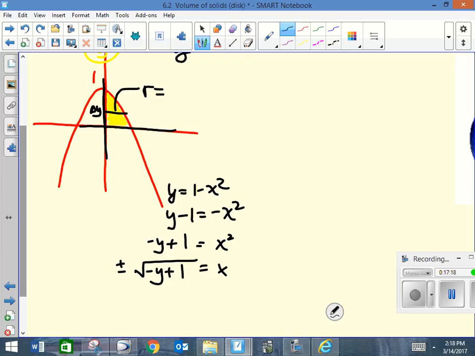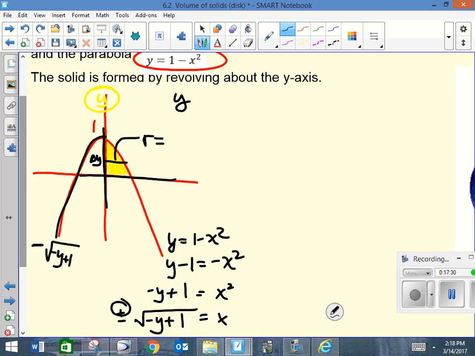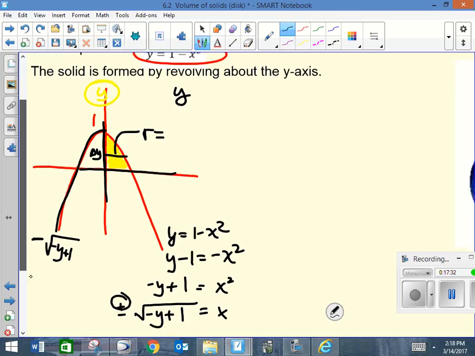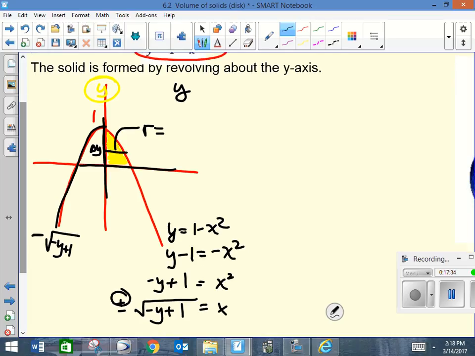This is the plus side, this is the negative side, so we're really only taking the plus side. This would be the negative. We want the plus side. All right, so what's my radius? Right minus left. Square root of negative y plus 1, minus 0. Just to be clear, this is 0 for your y.